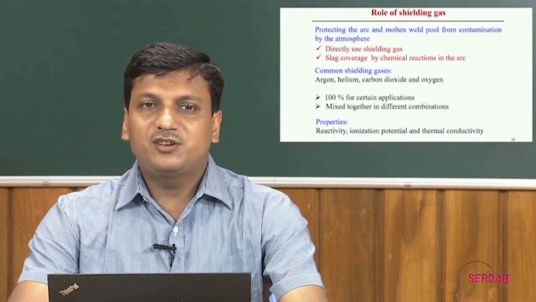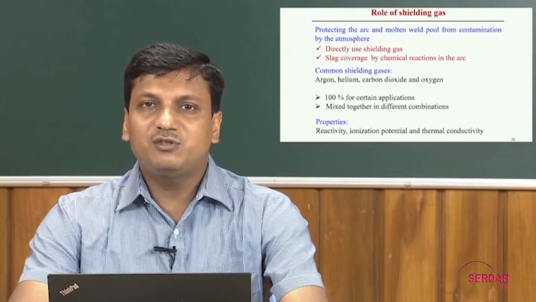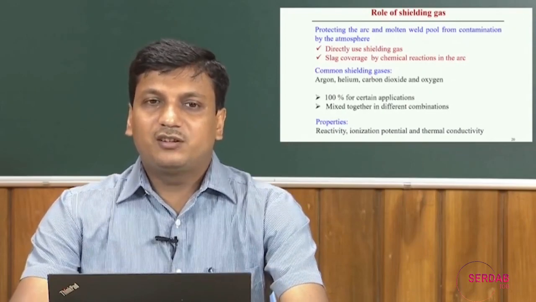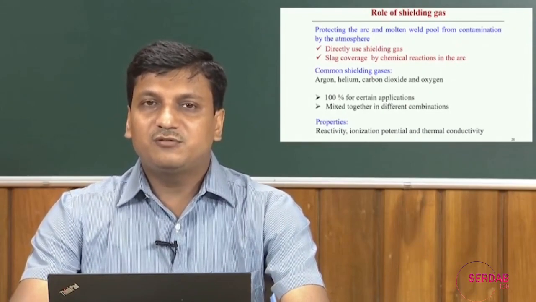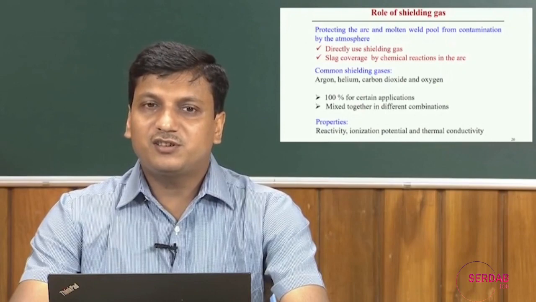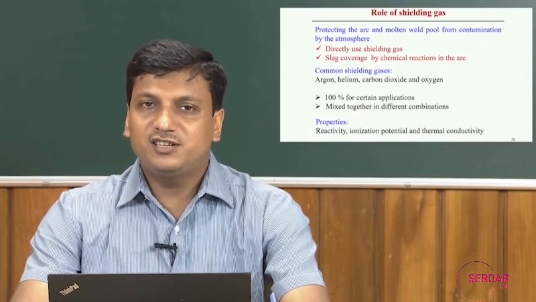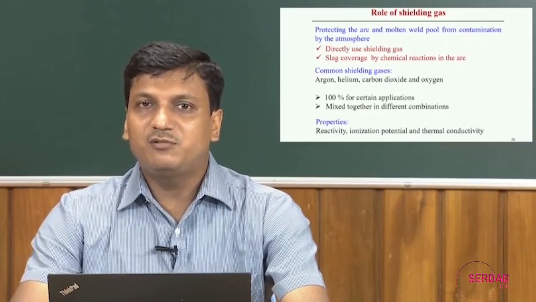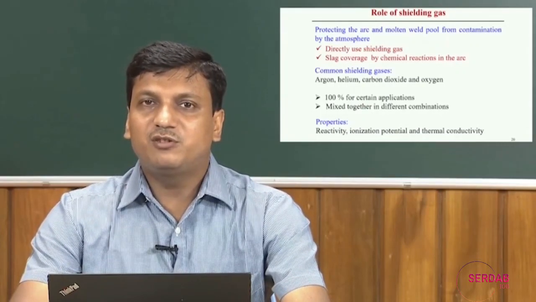These are the typical shielding gases used, but oxygen cannot be used alone; we always use oxygen mixed with the other shielding gases. Now, the shielding gas is mostly an inert type of gas, so that it avoids reacting with the molten pool.